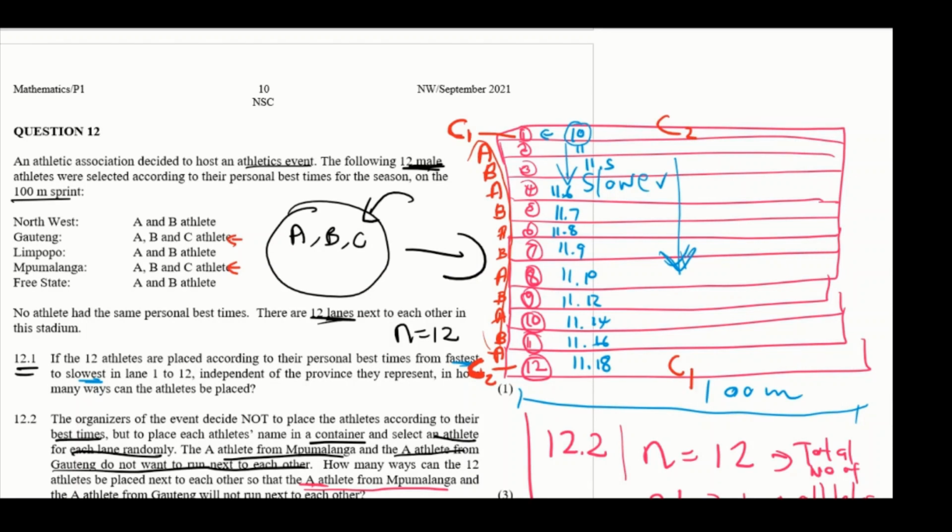So meaning instead of writing AB, it can be BA, BA, BA, BA, BA. So the number of ways that the middle athletes will be placed is two ways. They'll be placed either in this way or in this way, right? So we need to consider that.